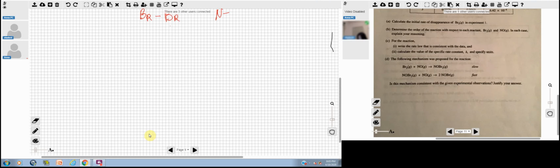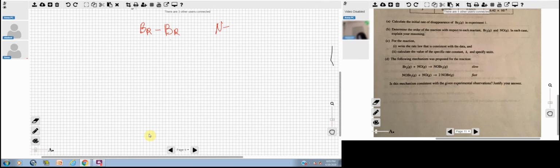I don't know what their orientation is, but this is what they're proposing. The point is that it's an elementary collision. They're actually colliding to make NOBR2, and that's the slow process. And the fast step is the NOBR2 collides with NO, and yeah.